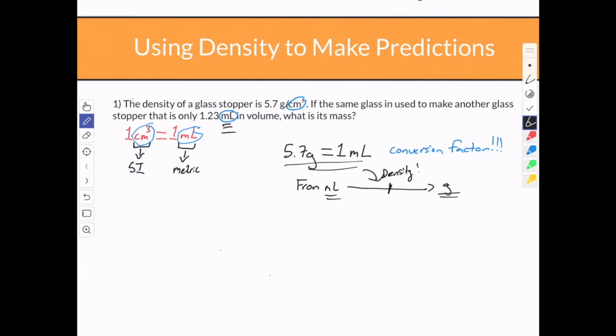It's a one-step conversion problem. So we just say 1.23 milliliters times, milliliters goes on the bottom, grams goes on top, 5.7 for every one. Cancel out our units. It's 1.23 times 5.7.